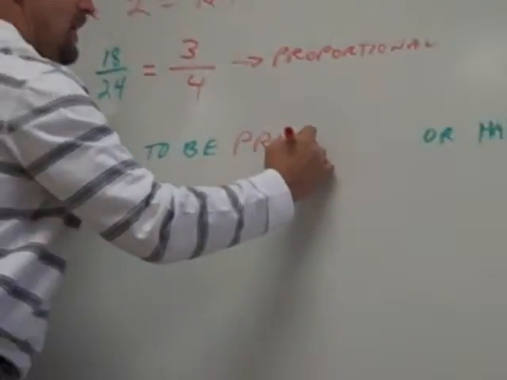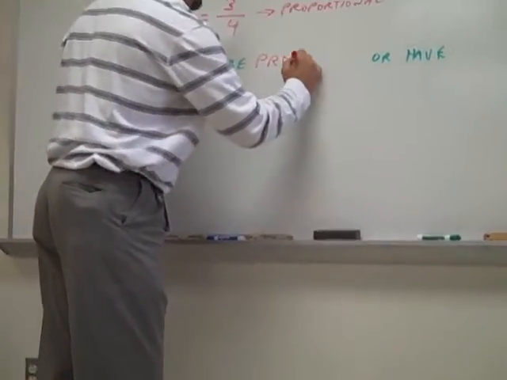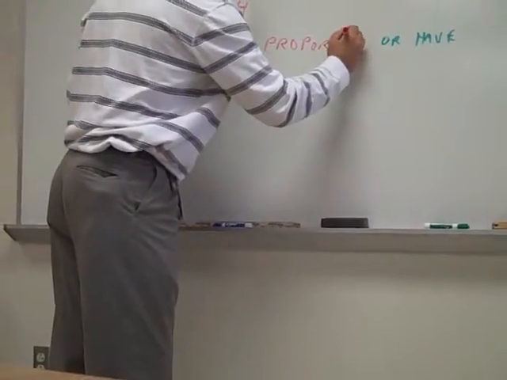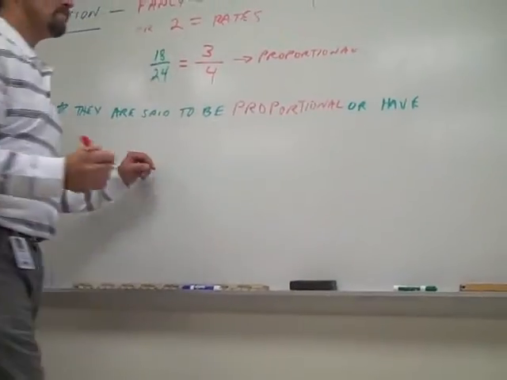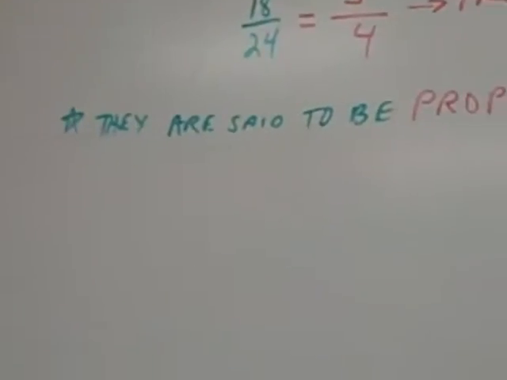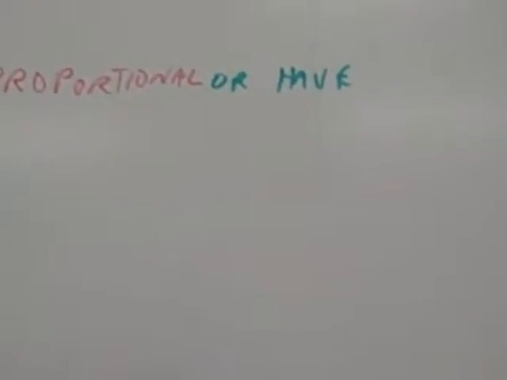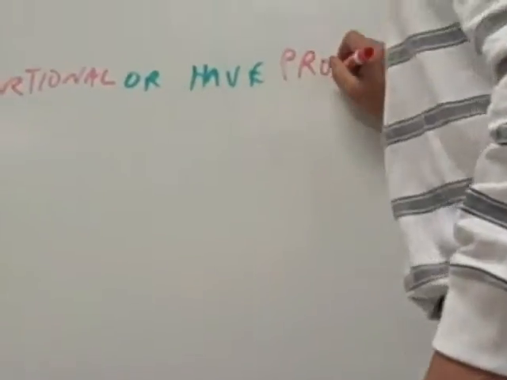We're going to write down our new words. I spelled it wrong. Proportional. They are said to be proportional, or they have proportionality.